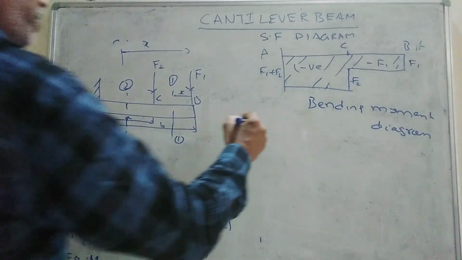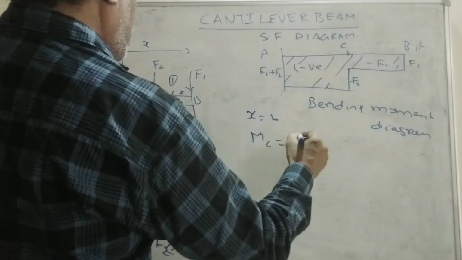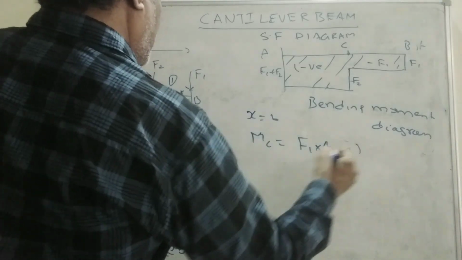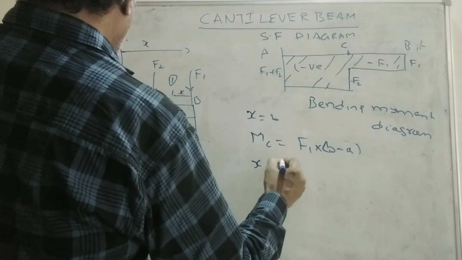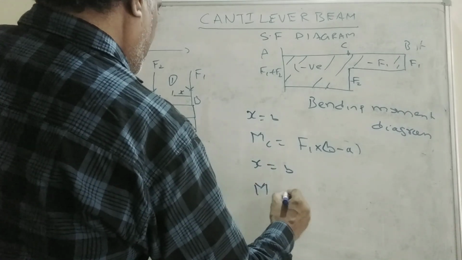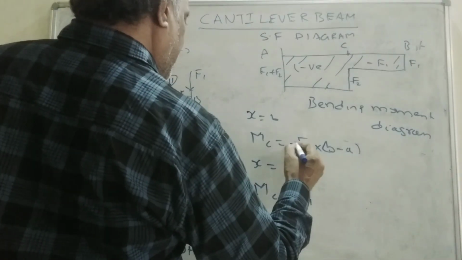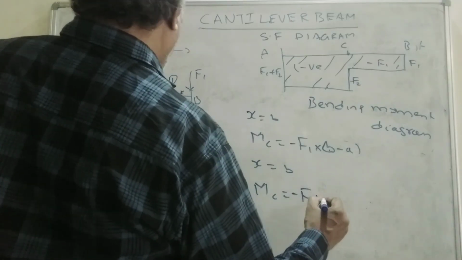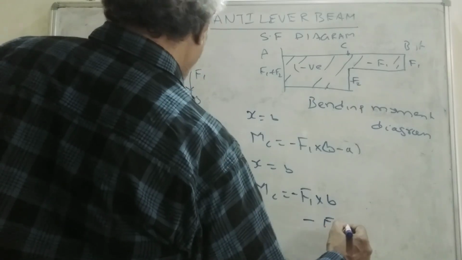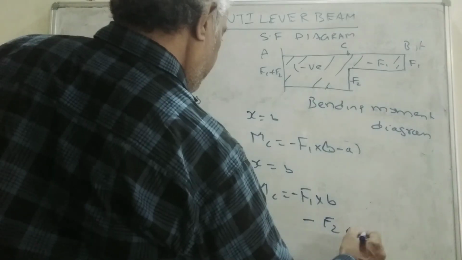At x is equal to B minus A, MC is equal to F1 into B minus A. And at x is equal to B, MC is equal to minus of F1 into B minus F2 into A.